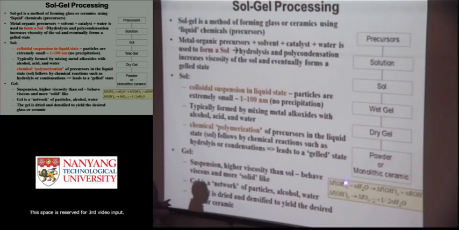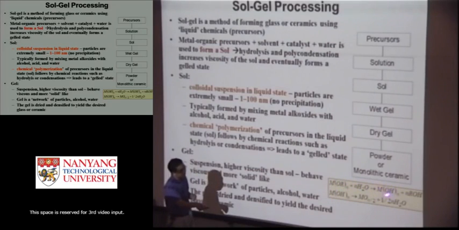For example, we have organic oxide molecules. This molecule dissolves in some organic solvent, a dry solvent. Then when you add a small amount of water, this molecule will decompose, right?